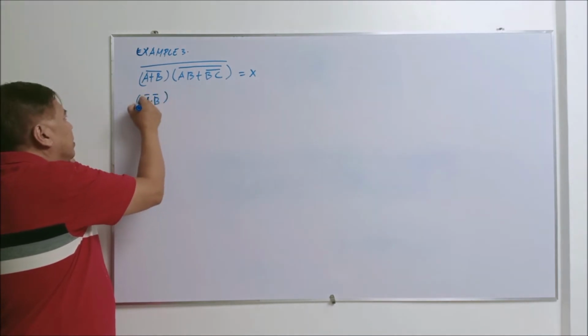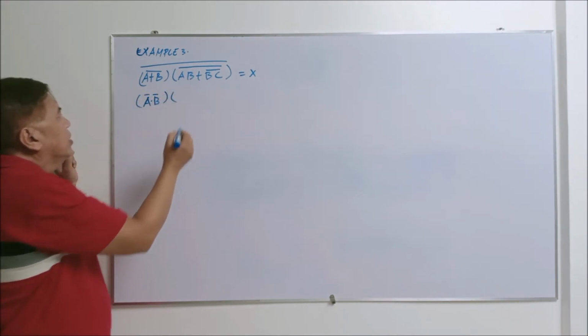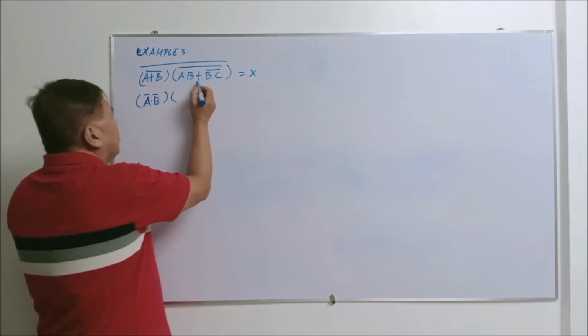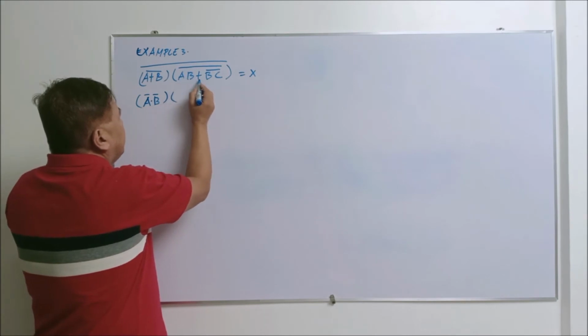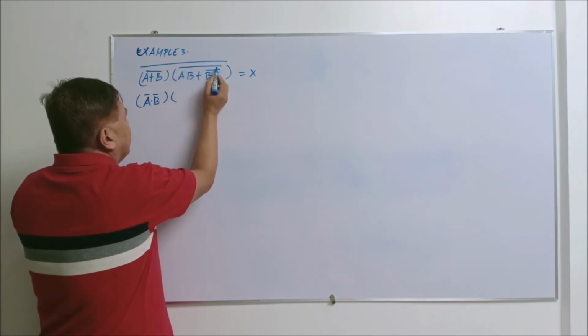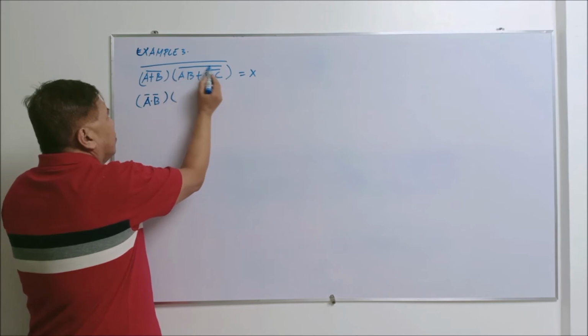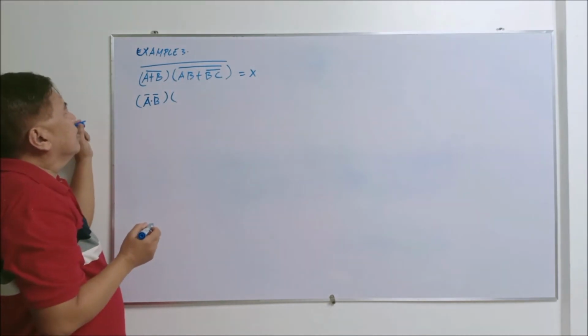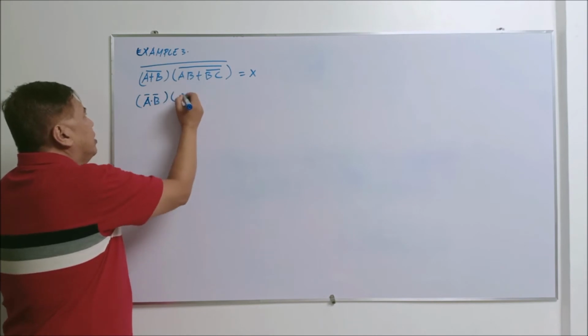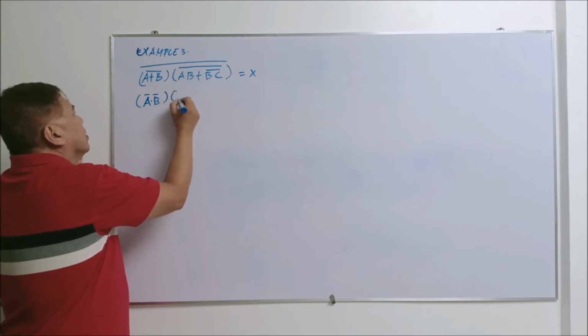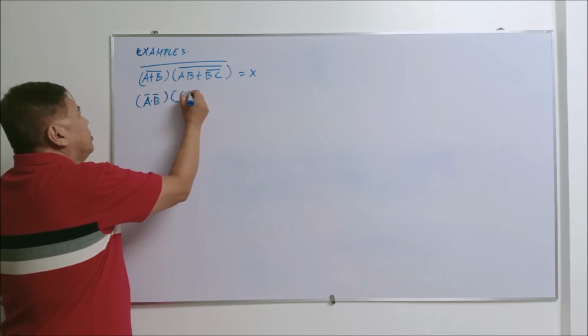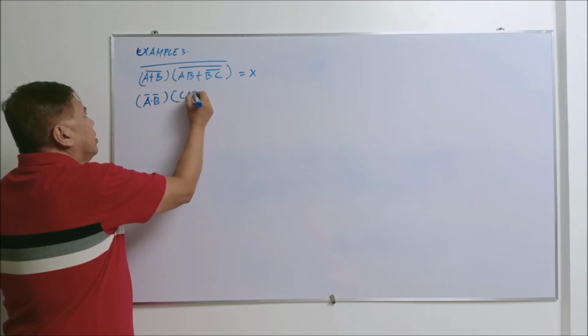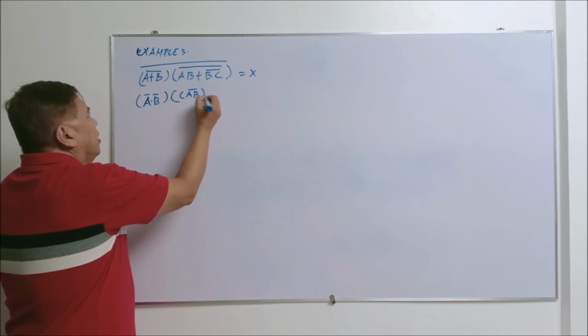Okay? Then, here, if you notice that AB plus BC complement is also complemented, so we break it, starting with the outer complement. So this becomes AB bar, okay?